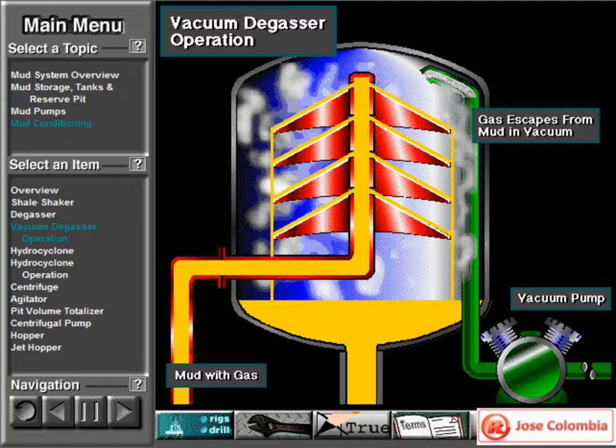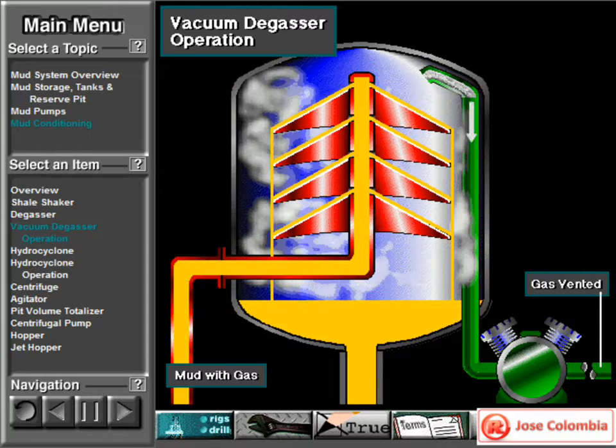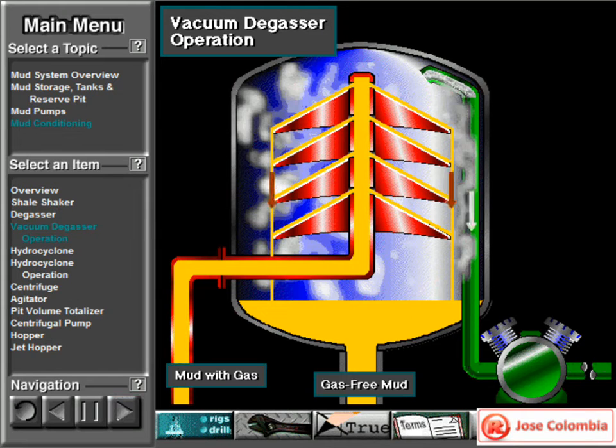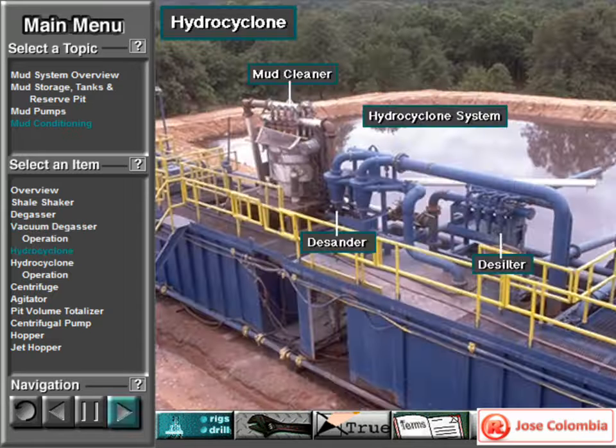This vacuum makes it very easy for the gas to escape from the spread-out mud. The removed gas leaves through a vent, which sends the gas a safe distance away from the rig. The gas-free mud falls to the bottom and goes back into the mud tanks downstream from the degasser.